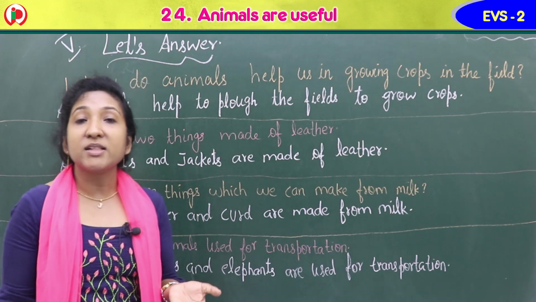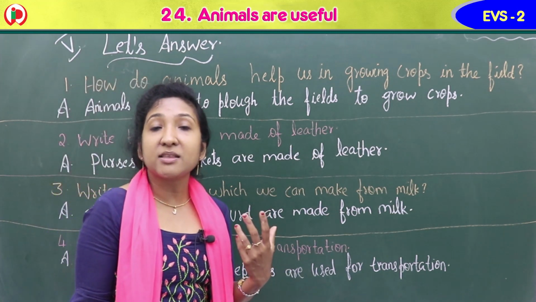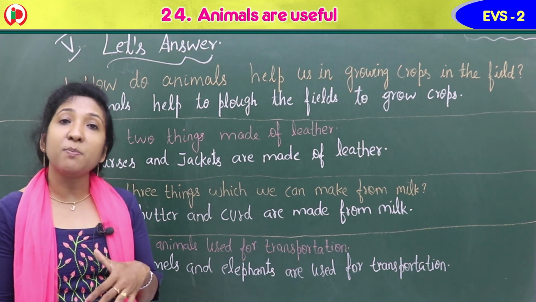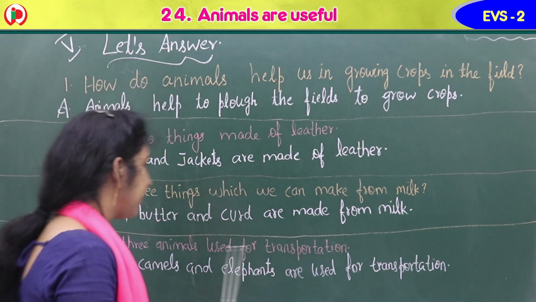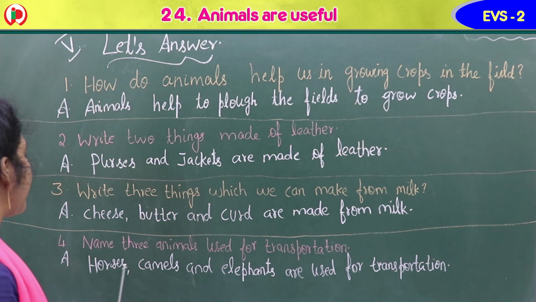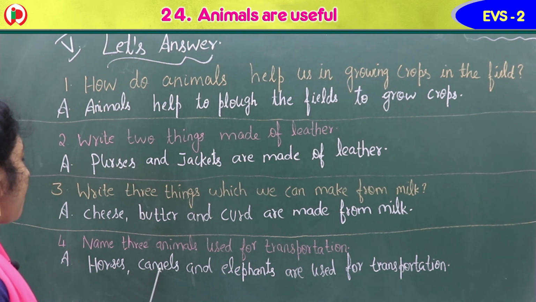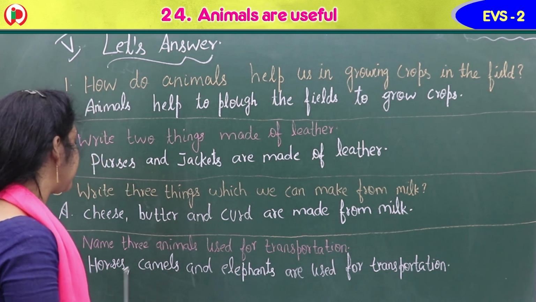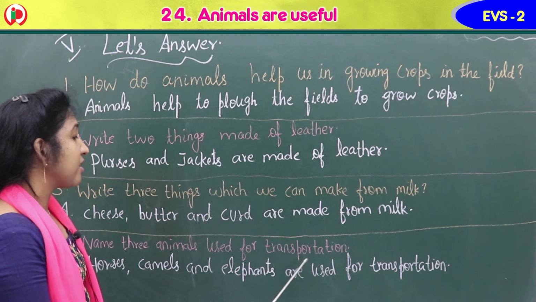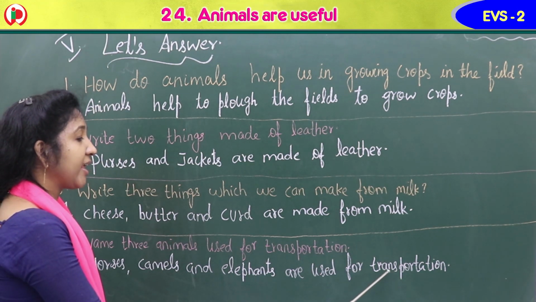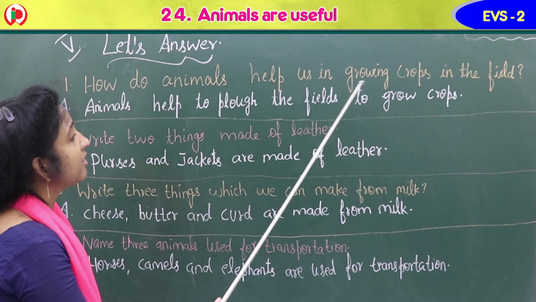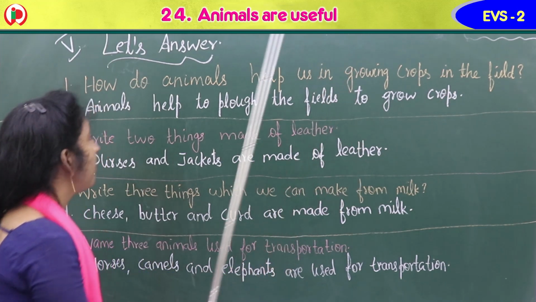We use these animals for transportation as a means of transport, to carry goods and people from one place to another. Yes, so horses, H-O-R-S-E-S, camels, C-A-M-E-L-S, and elephants, E-L-E-P-H-A-N-T-S. So horses, camels and elephants are used for transportation.